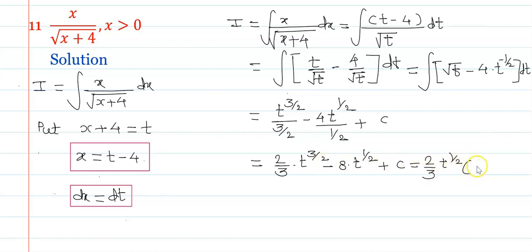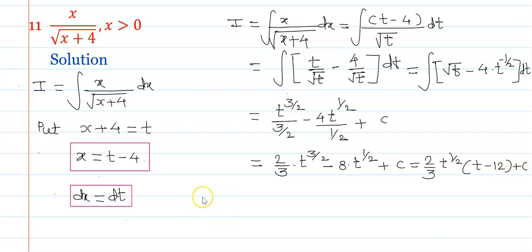Then in brackets you will get t minus, as you are taking 3, and if you take 8, means what? 2 into 2 into 2, take one 2 as common, and again you are taking one more extra, therefore 4 into 3, and that will become 12 here, plus c.